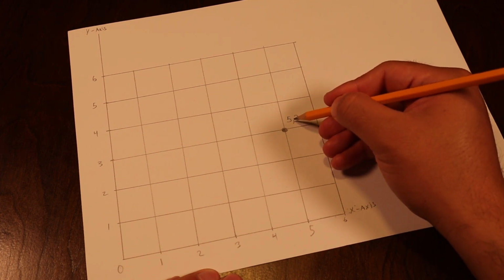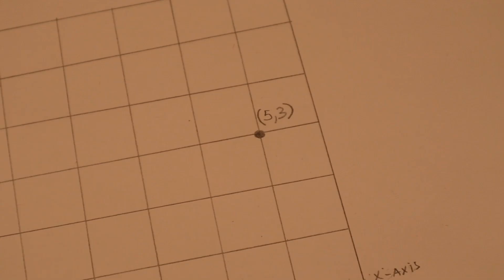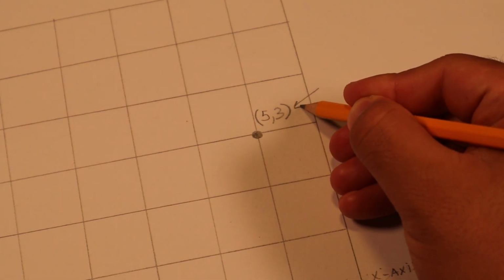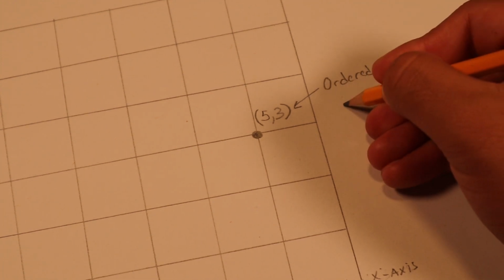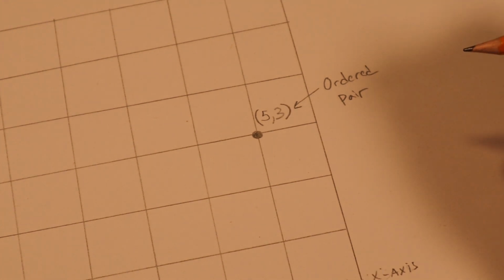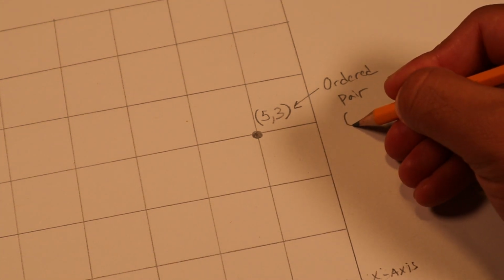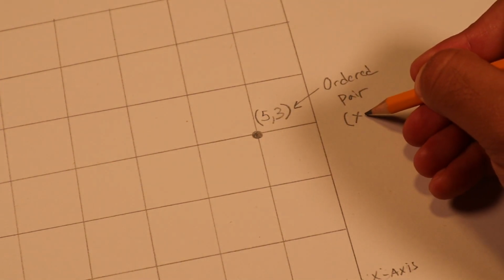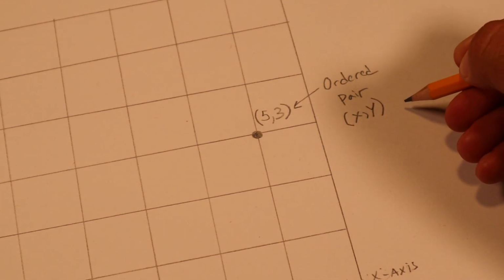So we have 5, 3. This point here is what is also called an ordered pair. So we use ordered pairs in order to find the location on a grid. And generally we have an x, which is the 5. X always comes first. And then we have y, and that is our ordered pair.